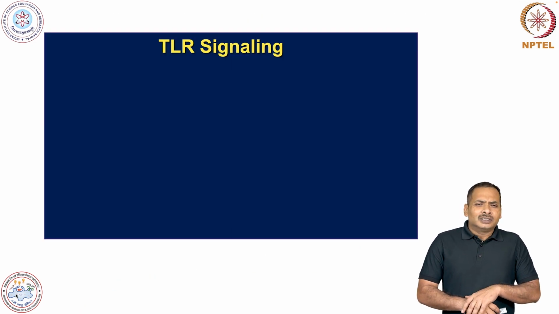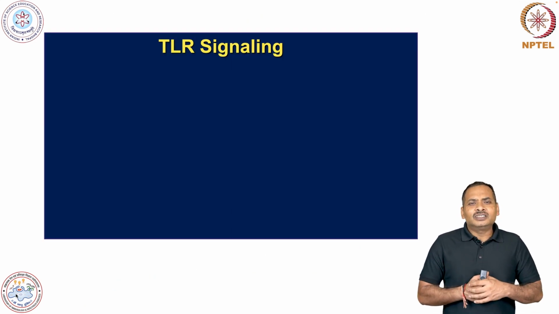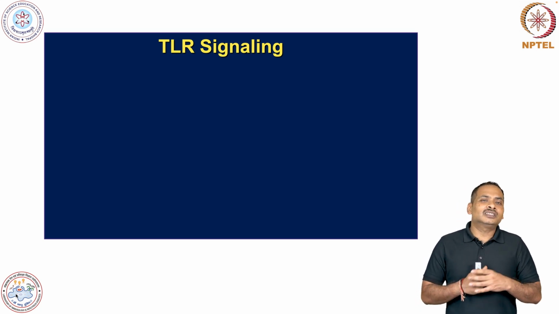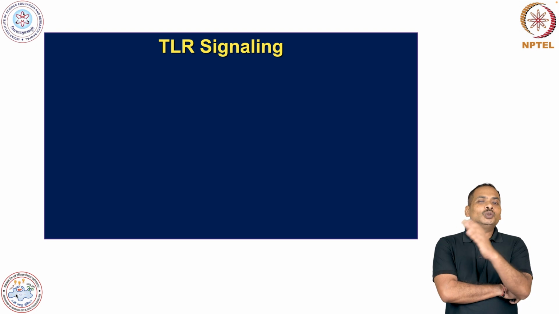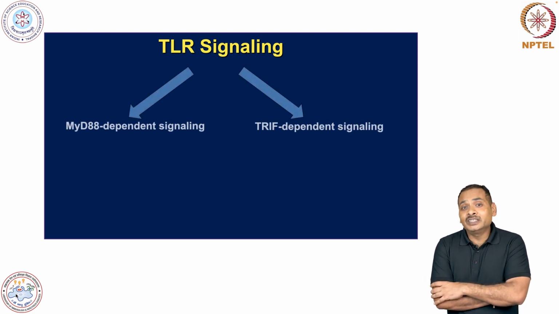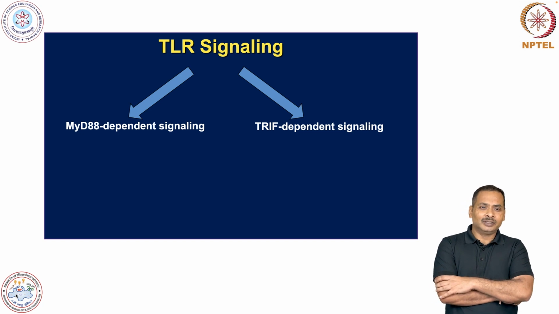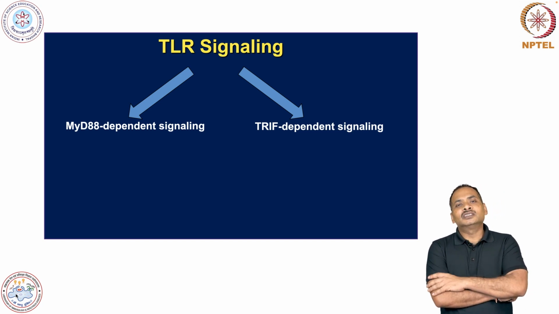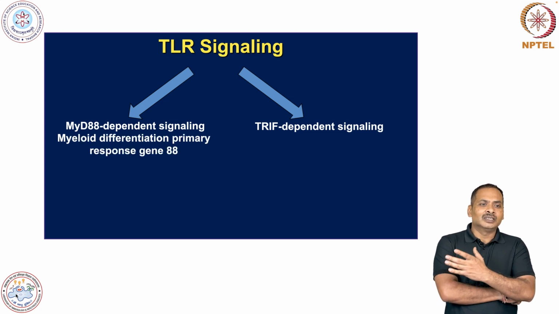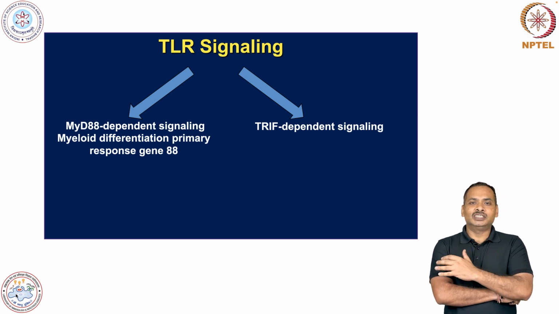Since the signaling is a little complicated, we study it in a much simpler way. We study the TLR signaling in two major parts. One we call MyD88 dependent signaling, and the other we call TRIF-dependent signaling. MyD88 is myeloid differentiation primary response gene 88.